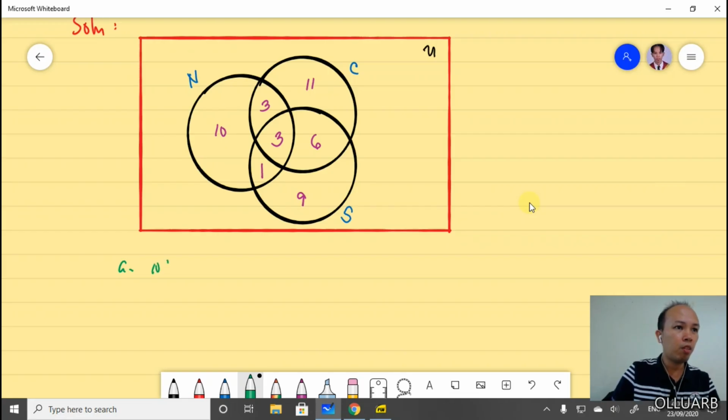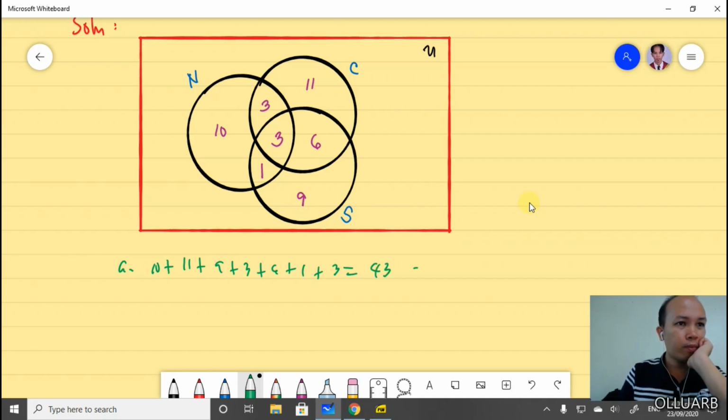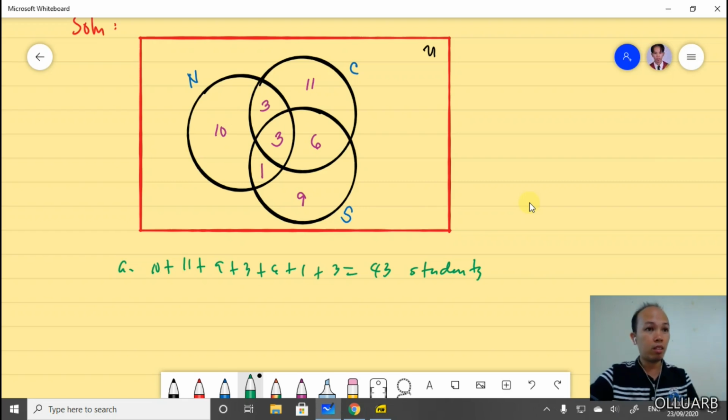We have 10 plus 11 plus 9 plus 3 plus 6 plus 1 plus 1 plus 3. So this is 20, 30, 39, 40, 43. So there are 43 students in the class of Miss Julieta.